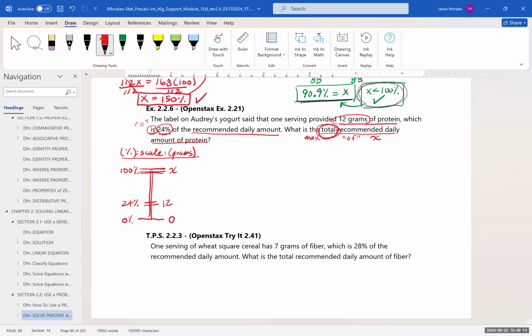All right. And maybe using the shortcut that I showed you before, we can convert these percentages into fractional decimals. So 24% is going to be 0.24 and 100% is just 1.0. Then we can cross multiply this way.